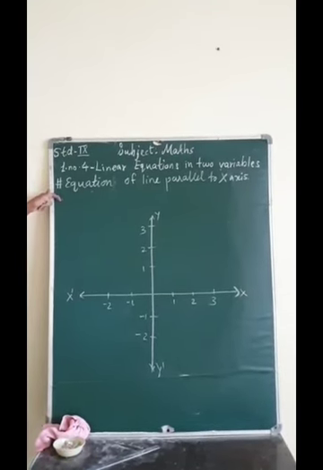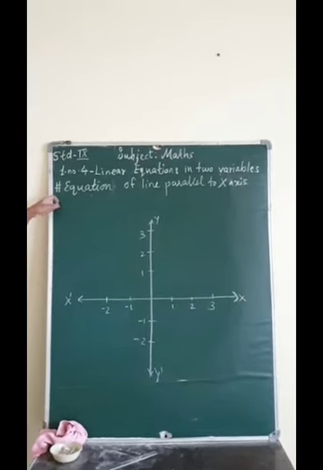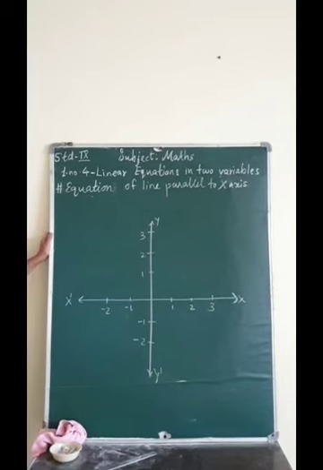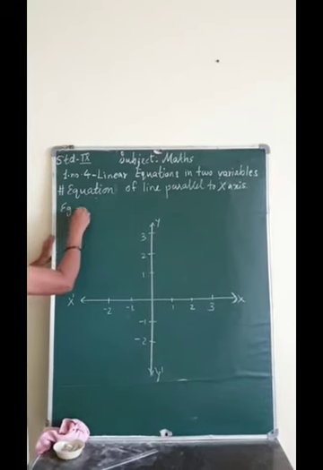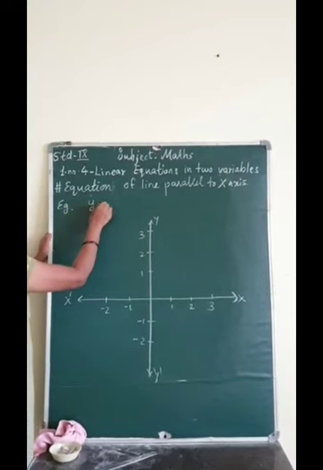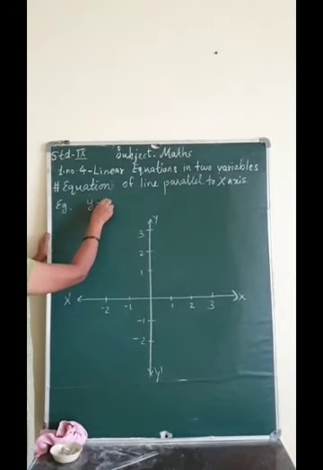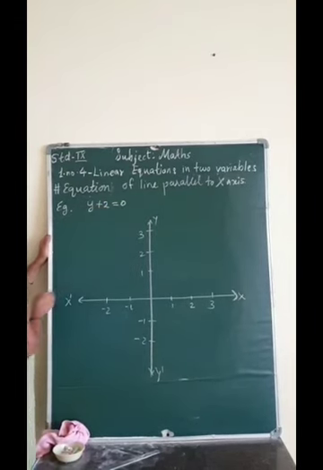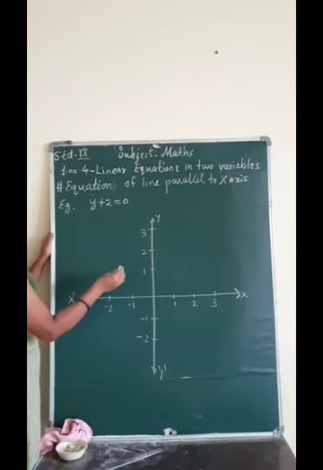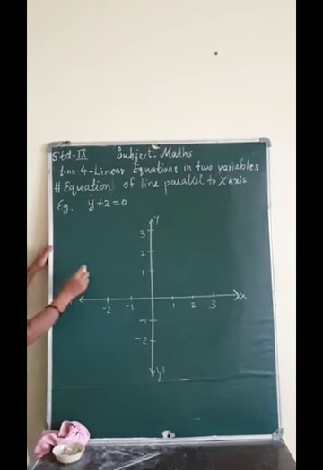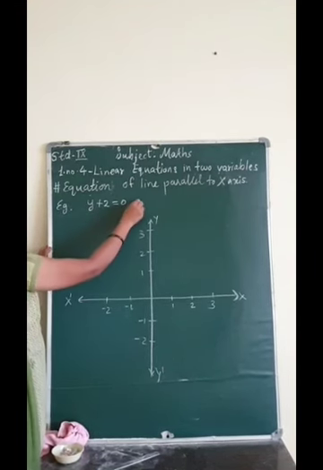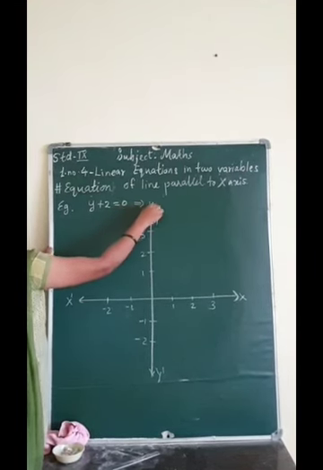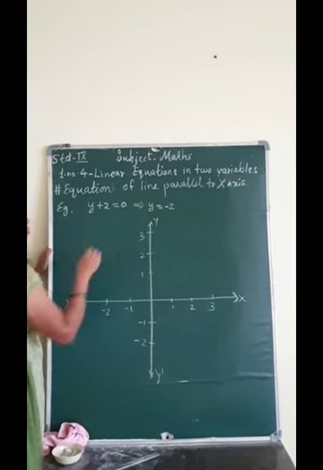Similarly, we can represent the equation of a line parallel to the x-axis. For example, y plus 2 is equal to 0. Here the solution of this equation is y is equal to minus 2.